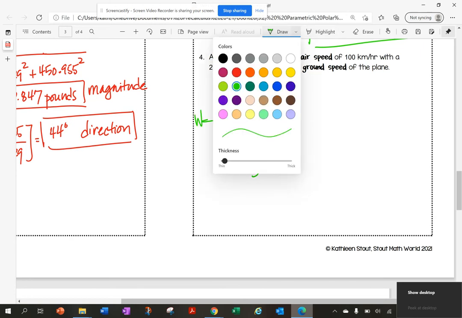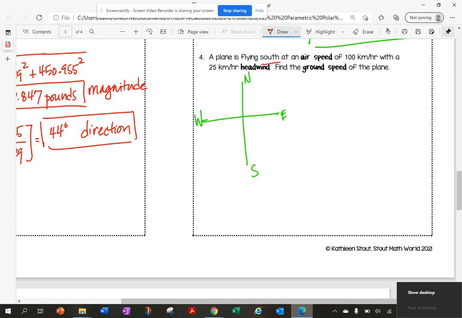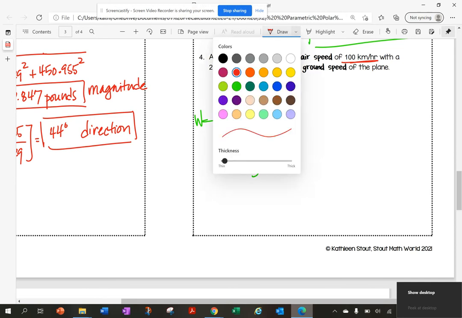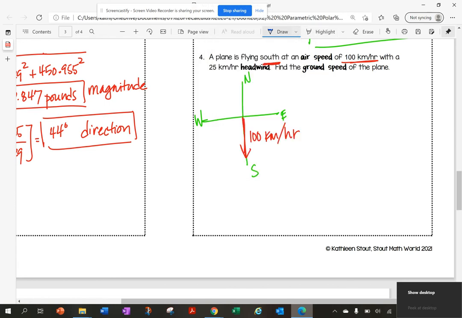I am flying south at 100 kilometers per hour, and a 25 mile an hour headwind.